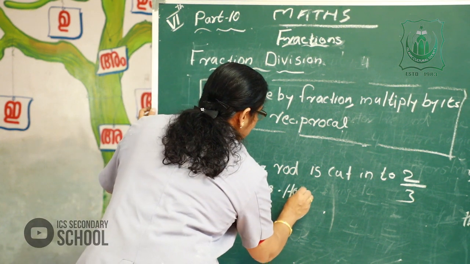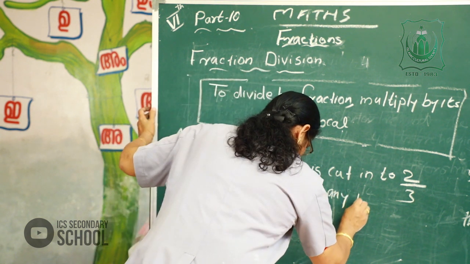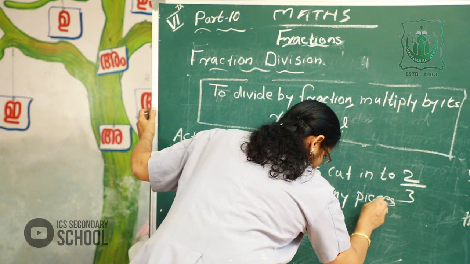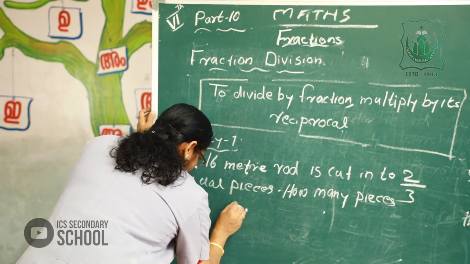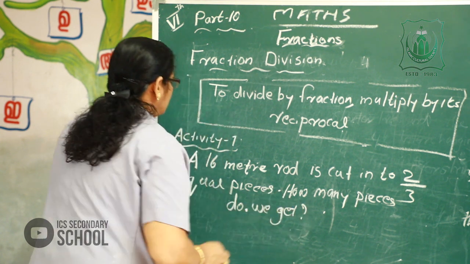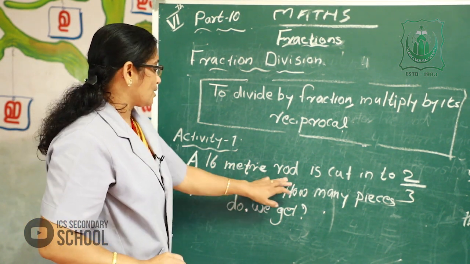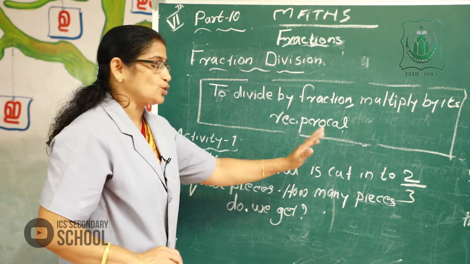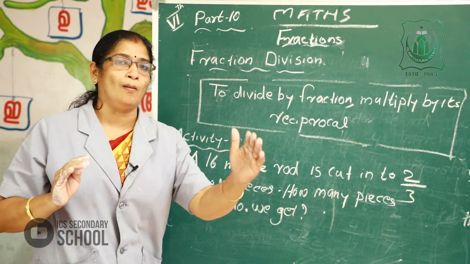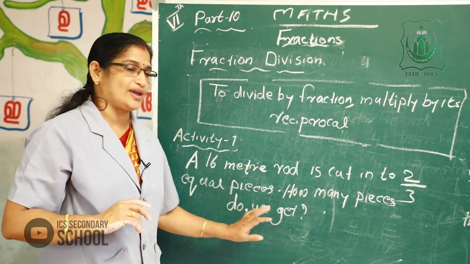How many pieces do we get? A 16 meter rod is cut into 2 by 3 equal pieces. How many pieces do we get?